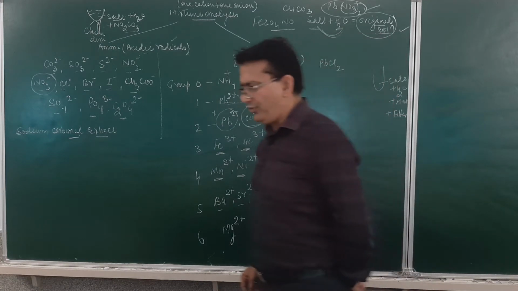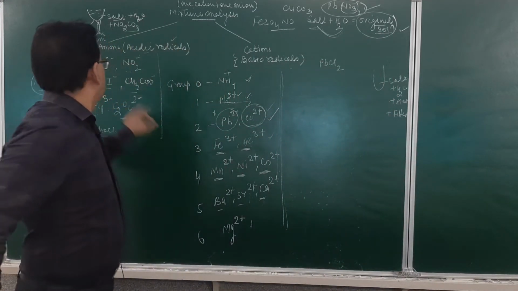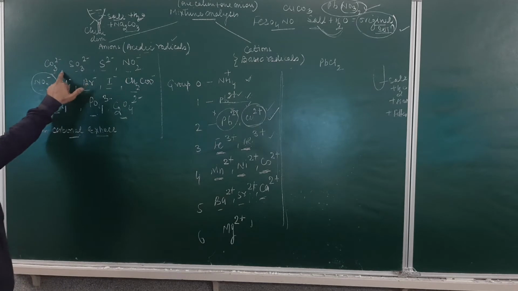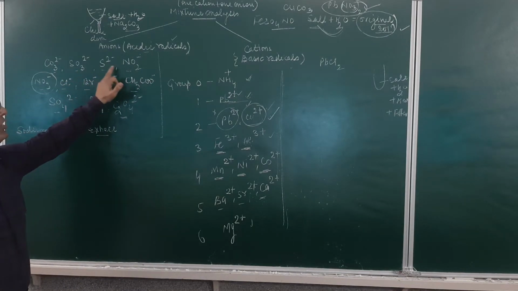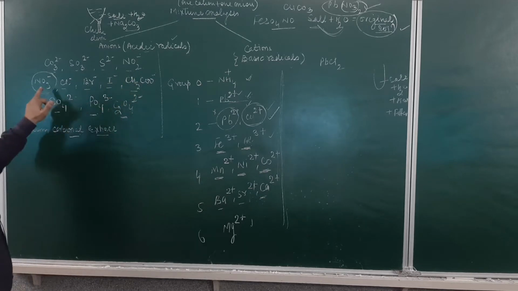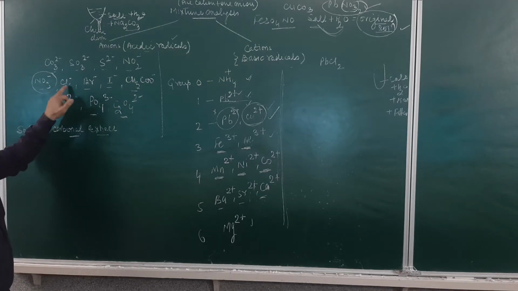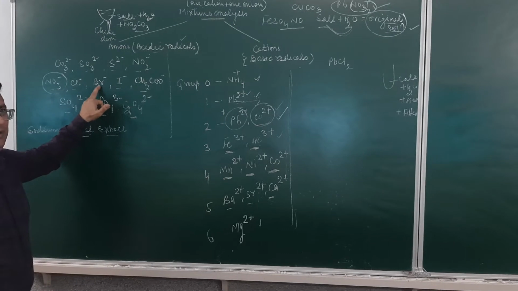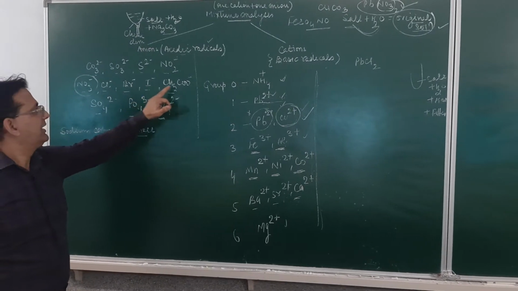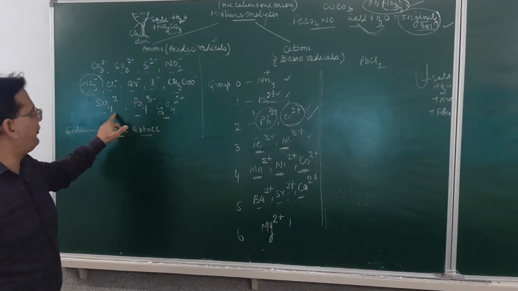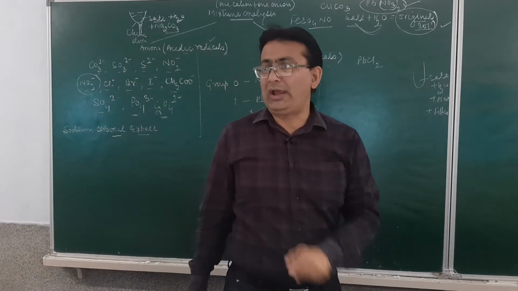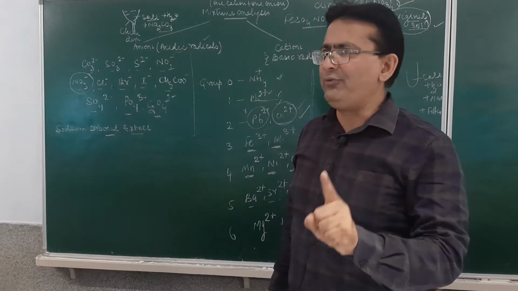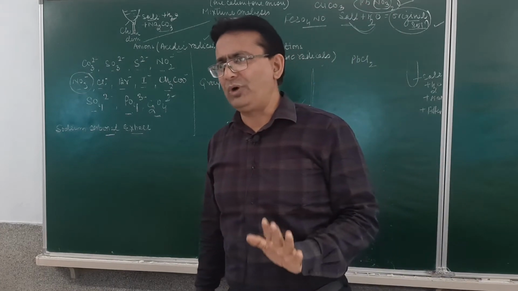The anions which are in the syllabus are carbonate, sulphite, sulphide, nitrite, nitrate, chloride, bromide, iodide, acetate, sulfate, phosphate and oxalate anion. Out of these 12 anions, one will be given to you, which you have to identify.